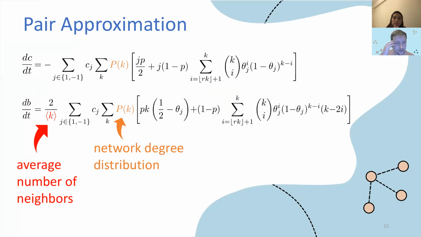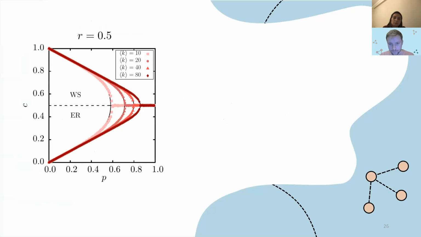We can clearly see that this equation shows the dependency on the network structure as well as the average number of neighbors. In upcoming slides, I will present the solutions of these equations by lines, where stability is described by dashed and solid lines, respectively, and the outcome of the Monte Carlo simulations will be presented as points.